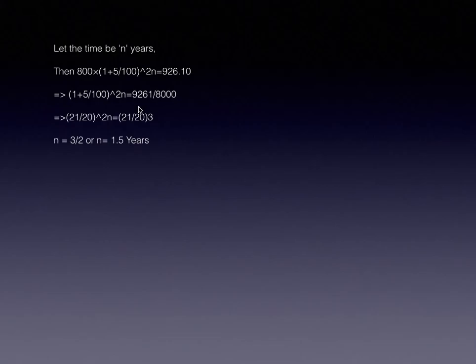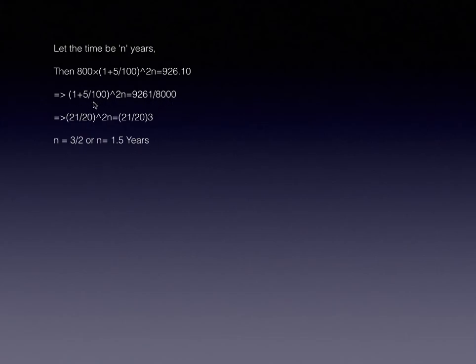9261 divided by 8000. We are first dividing 926.1 by 800, then multiplying it by 10 by 10. Therefore 1 plus 5 by 100 whole raised to 2n is equal to 9261 by 8000.